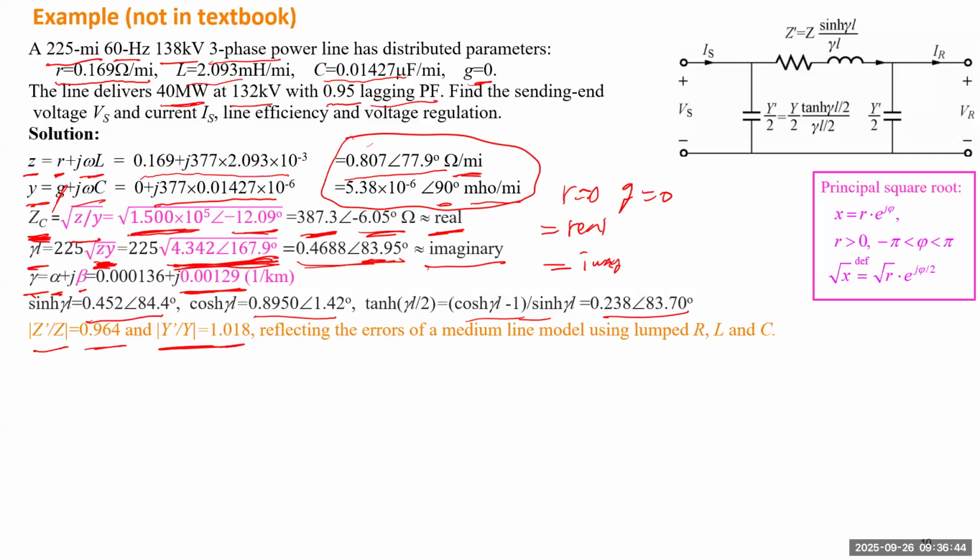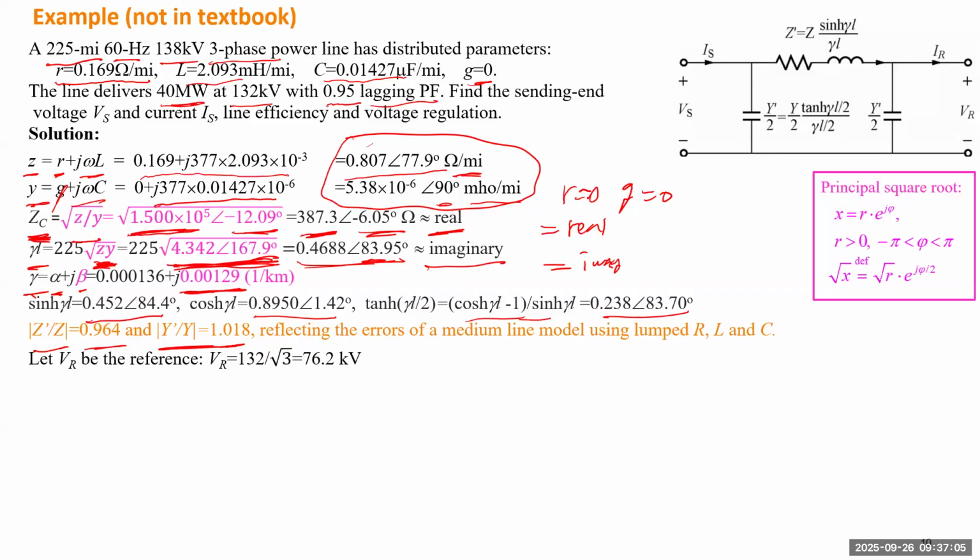It is 1.018, so it only introduces about 2% error. If you believe those two factors are very close to 1, you are fine to use the medium line model without calculating the prime values.